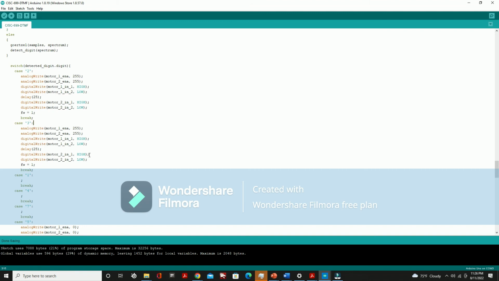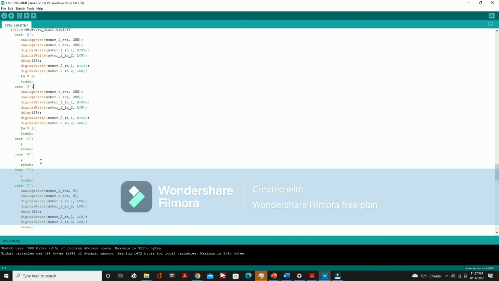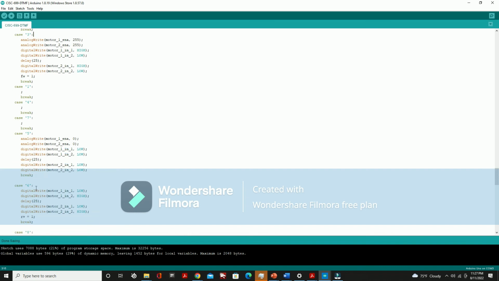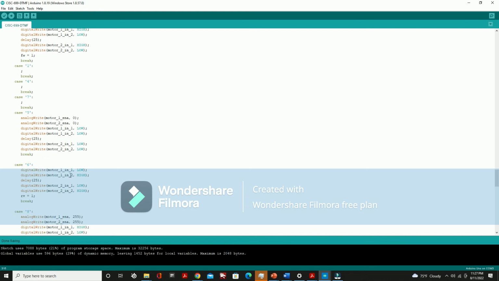For 3, again I do the same action as 2, but the intended usage was to set the speed for the keypad 2 to 175, and to set the speed of the DC motor to 255 when keypad number 3 is pressed. Use the keypad number 5 to stop the DC motors altogether. For 6, I reverse the direction of the DC motor.